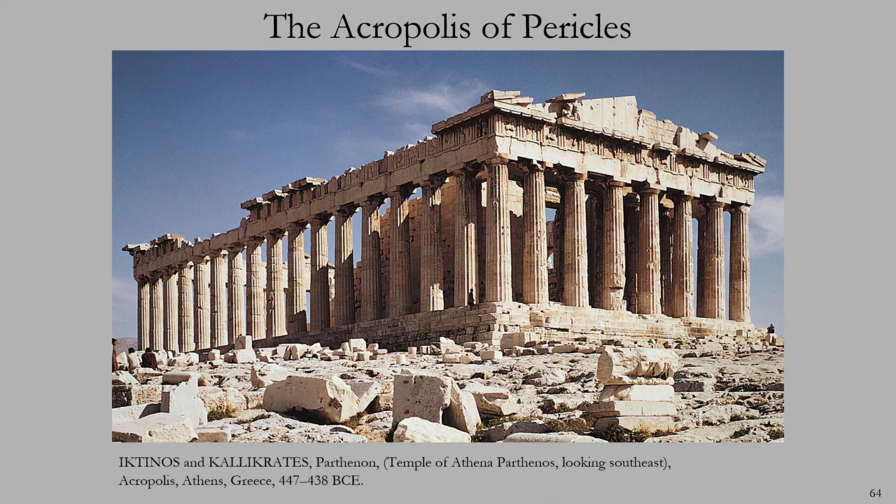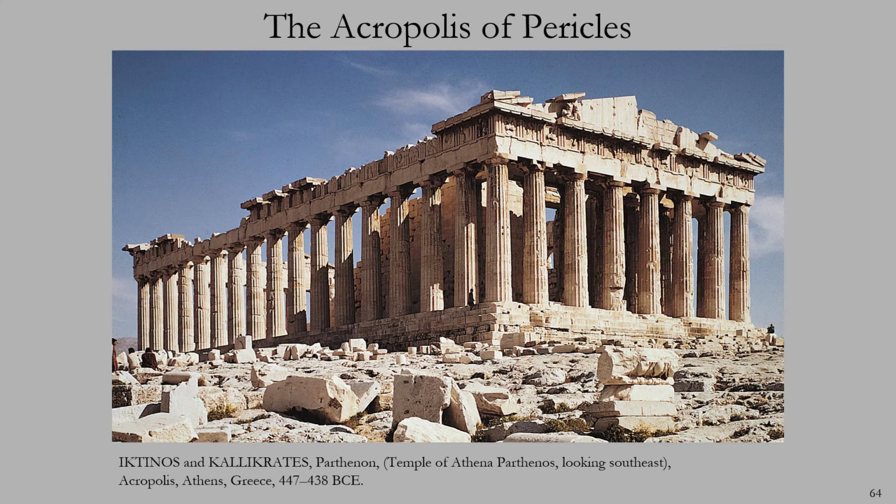This is the Acropolis. This is the main building, the Parthenon. This is the main building on the Acropolis. It was built by a guy named Ictinus, and then there's Callicrates again. Although they didn't design the whole complex.